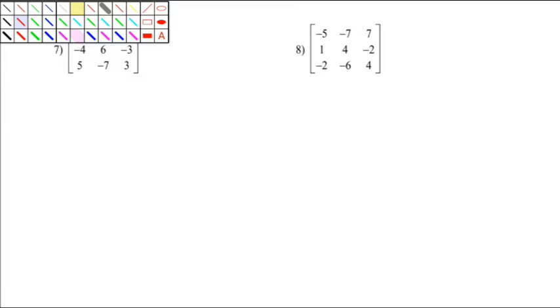Number 8 shows a 3 by 3 matrix. This is our original matrix. This means our minor will also be a 3 by 3 matrix. We're going to work through each element. We'll start with the first one.